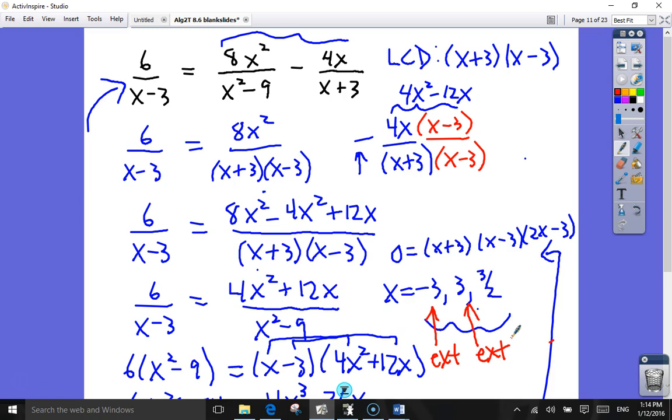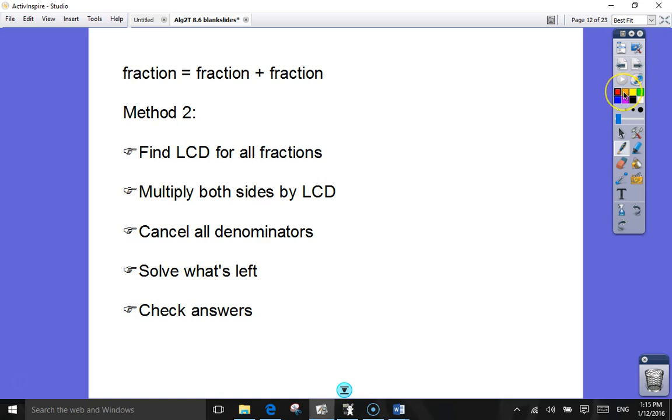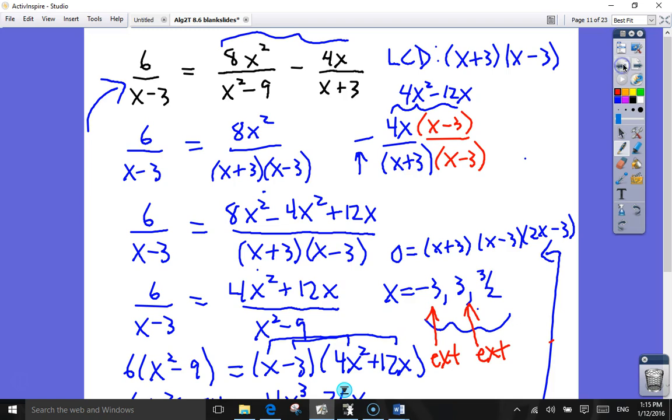I'm trying to think. We're going to do that one again, but in the other method, and it's not that complicated. Where? Here? 4x squared plus 12x here? No, because it's minus this and then plus that.